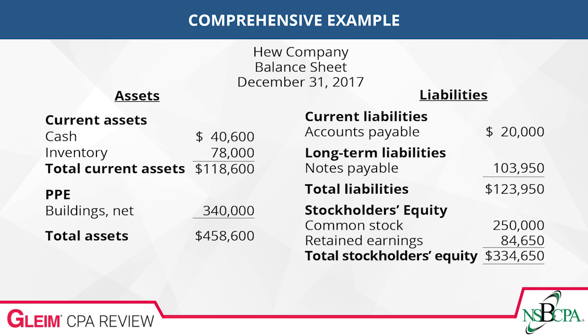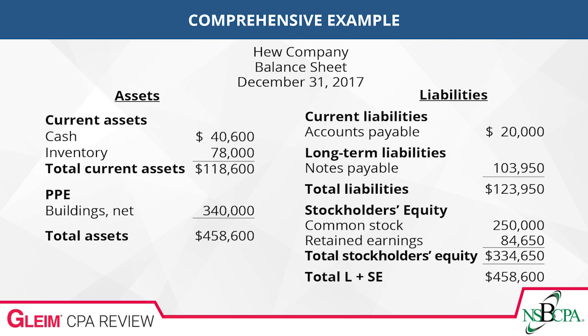The last section is stockholders' equity. We use those ending balances from the statement of stockholders' equity here for common stock and retained earnings. Remember, make sure you get the ending balance of retained earnings, $84,650, from the statement. Total stockholders' equity is then $334,650.